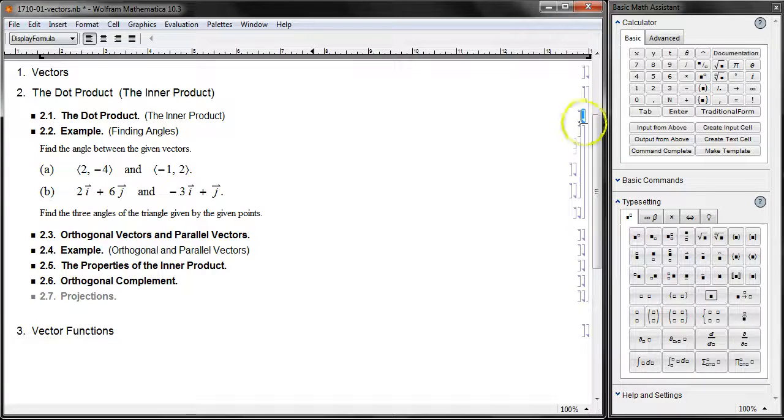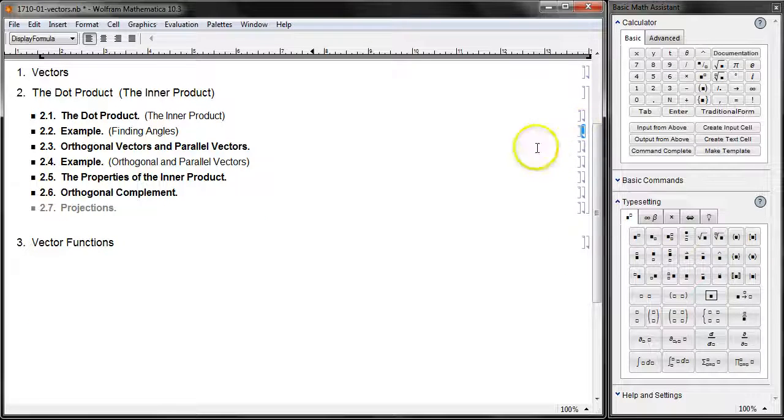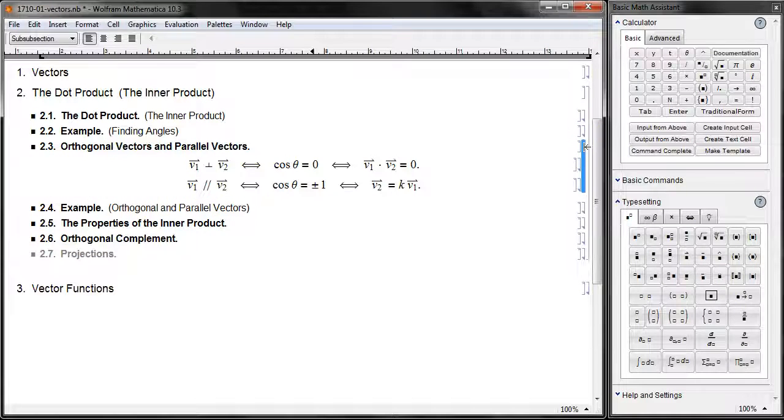Now let's talk about a special case where the angle is 90 degrees, which we call orthogonal, or the angle is 0 or 180 degrees, where vectors are parallel. Orthogonal vectors, well, cosine theta is 0, so dot product has to be 0. And then parallel vectors, well, actually it's going to be a little bit more convenient to use the previous expression rather than dot product.